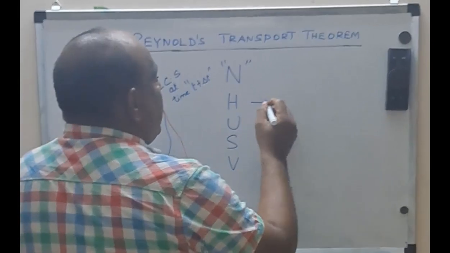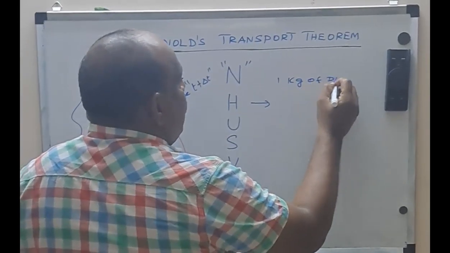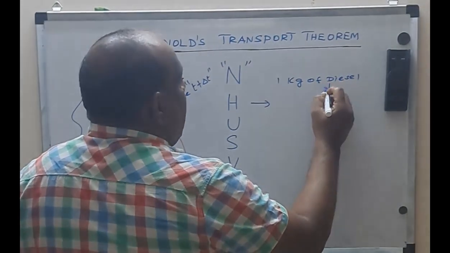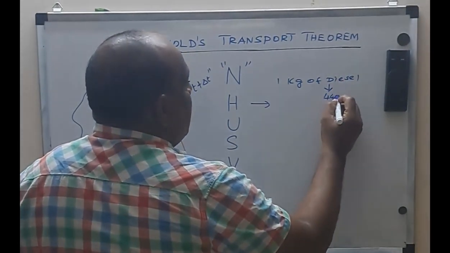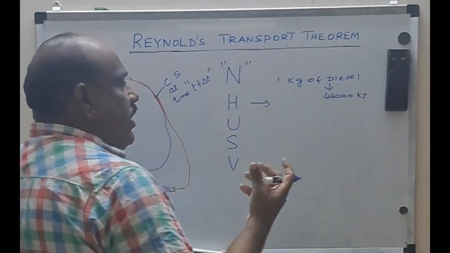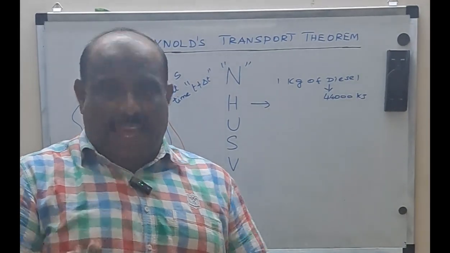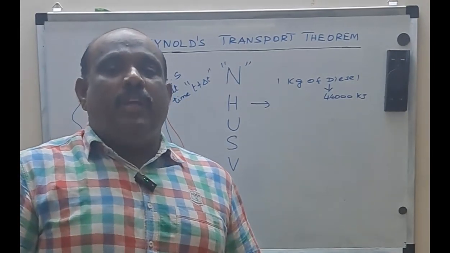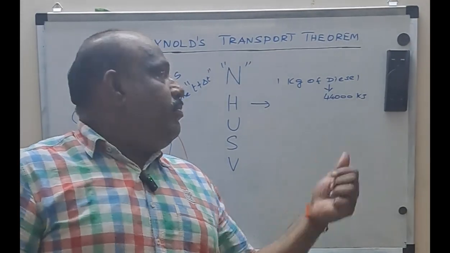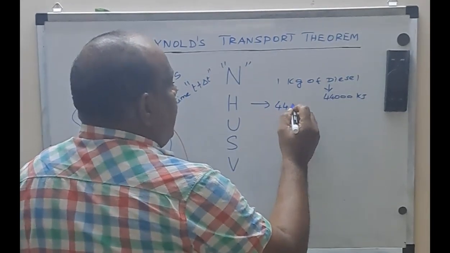For example, if I burn 1 kilogram of diesel fuel with air, I end up with 44,000 kilojoules of heat energy, or 44 megajoules.